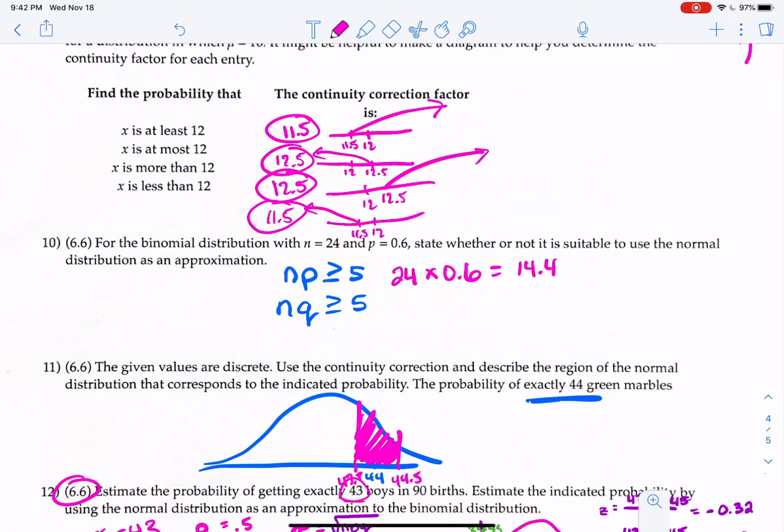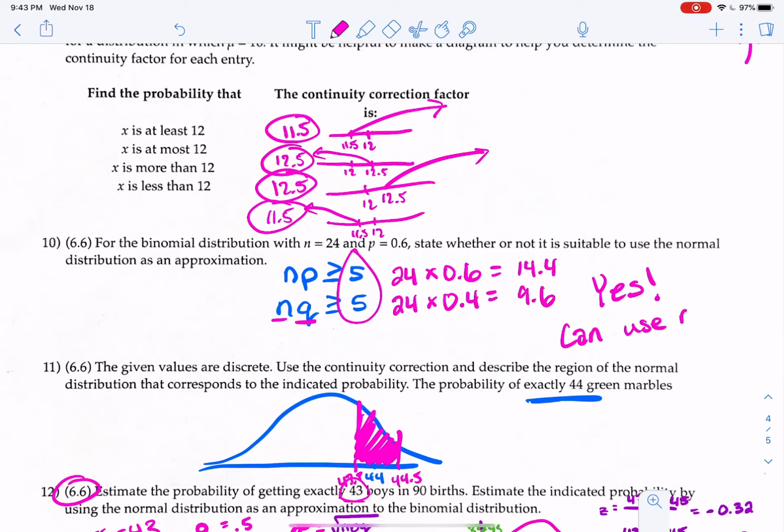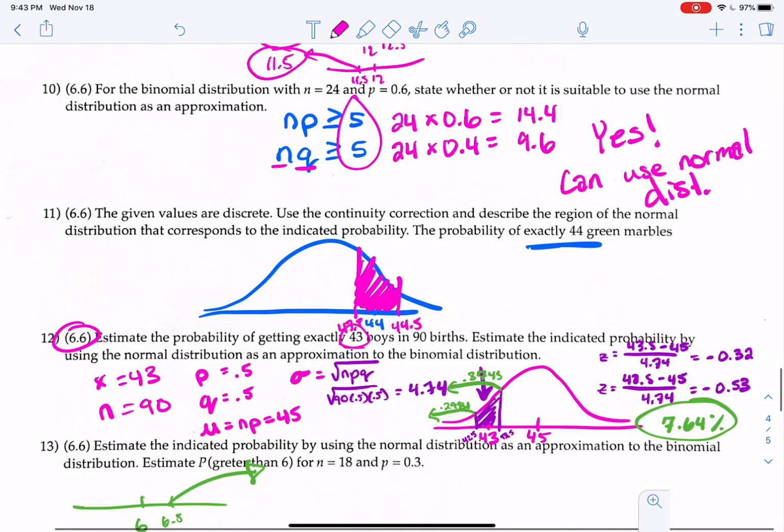Okay, then I take n times q, and if 0.6 is p, q is 0.4, I multiply those together, and I get 9.6. And both of those numbers are greater than 5, so yes, you can use a normal distribution. Okay? It's totally legal, and that's all they wanted for number 10.